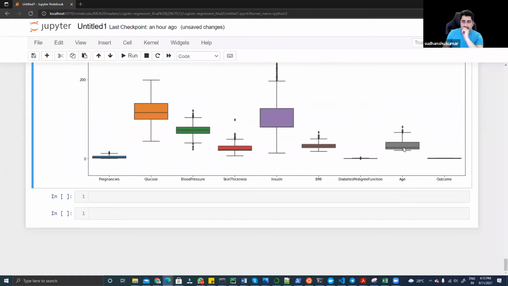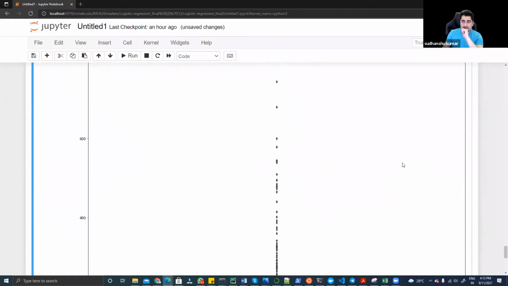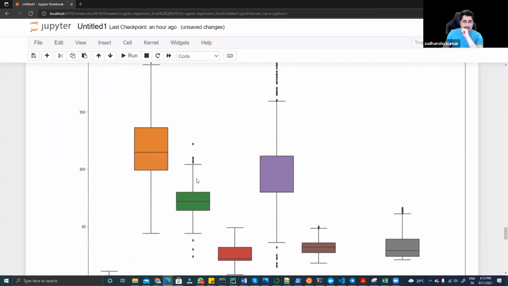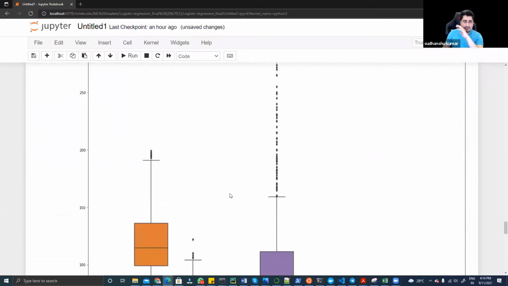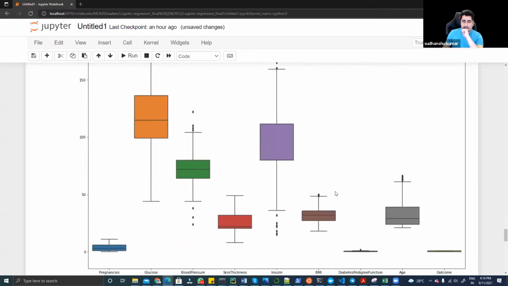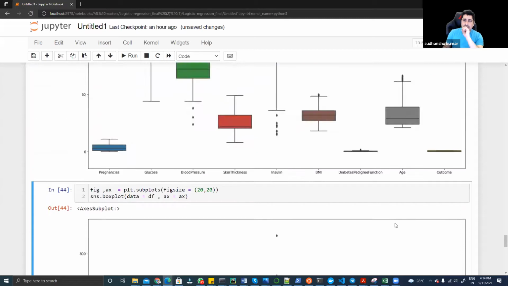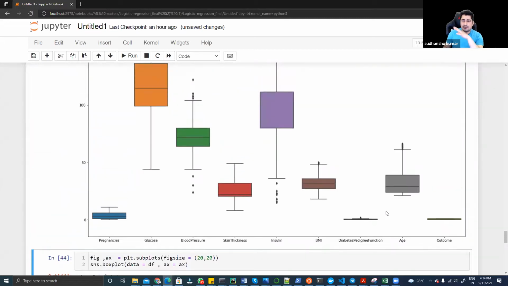Previously, we had this range which was very, very small. Now we have a certain range, but still we have some outliers. We don't have too many outliers as compared to my previous result. We were having so many dense outliers, but if you check our graph now, we don't have dense outliers as such.